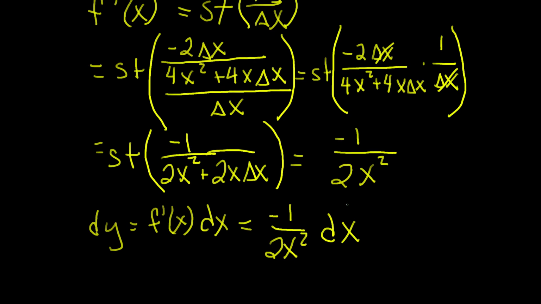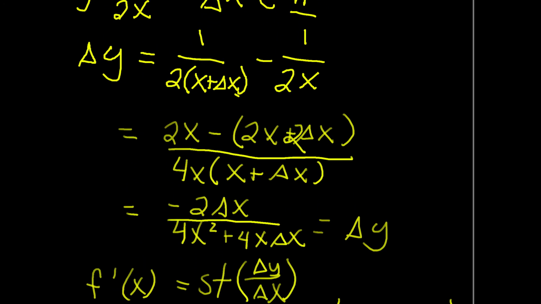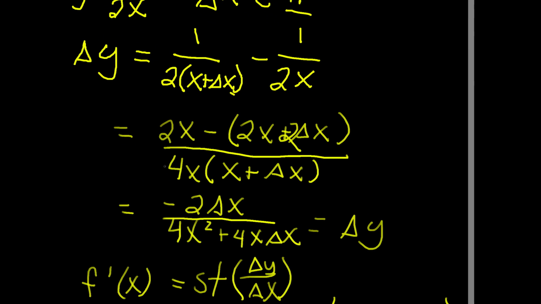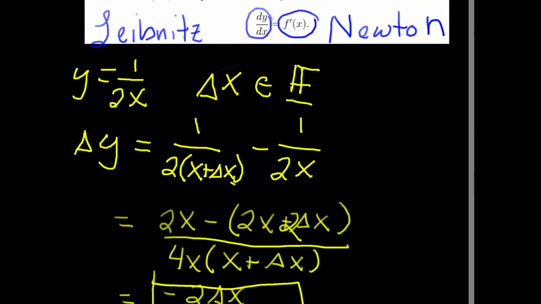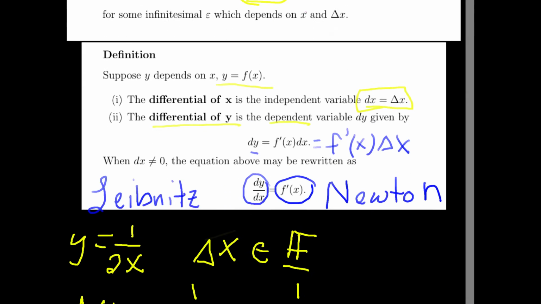Okay, so we have up here, though, our increment theorem says that we should have some agreement in that delta y, this expression here, should be equal to f prime of x dx, or delta x, plus some epsilon delta x. So we will set up our formula. We can just use this equation here.